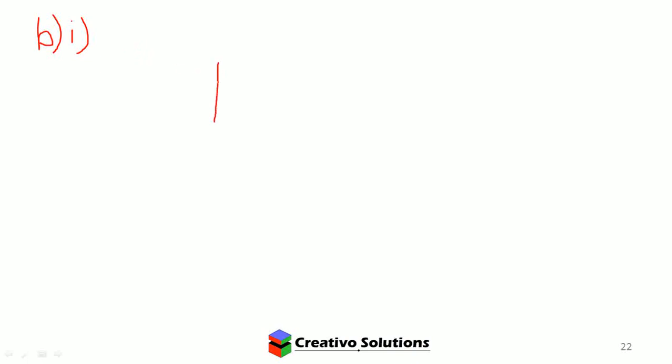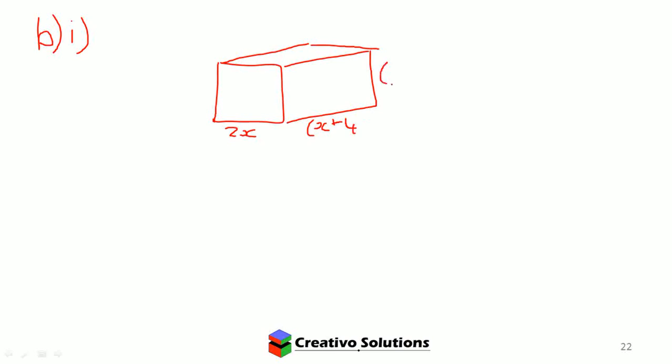I'm going to actually draw a little sketch again, just so you can see the actual box. And we had the 2x, we had the x plus 4, and we had the x plus 1. So if I'm looking at the 1 centimeter thickness of the wood, for this particular length from there to there, I am going to have to provide for 1 centimeter on that side and 1 centimeter on that side.